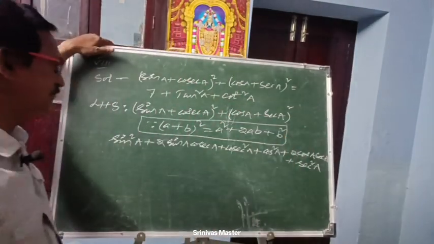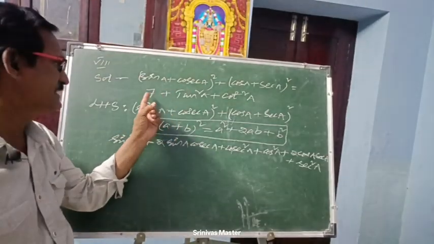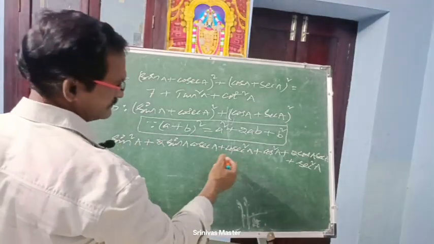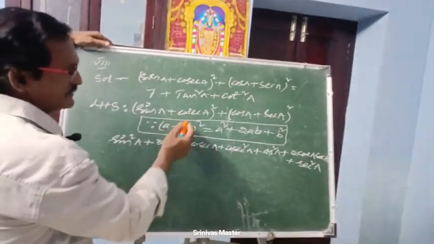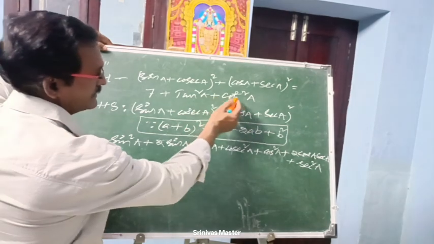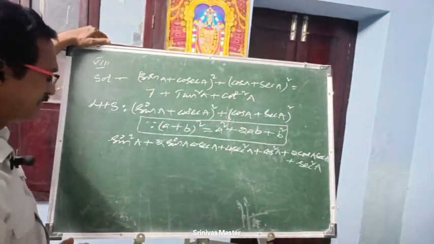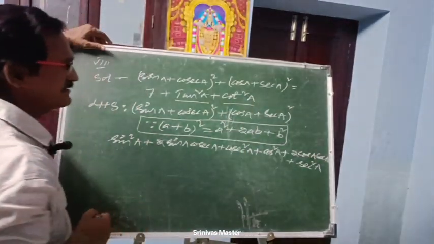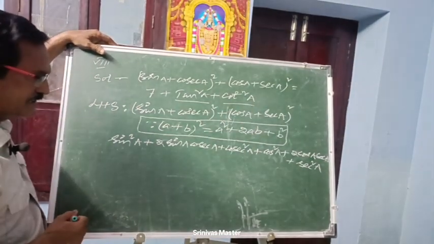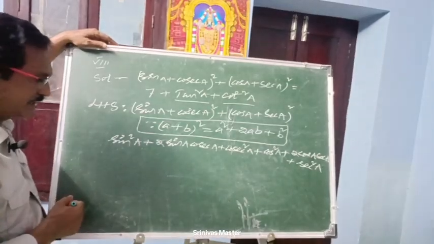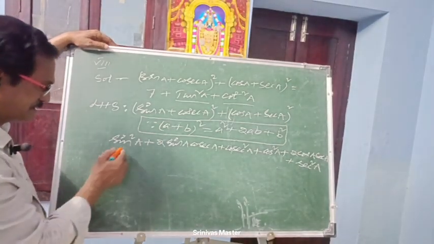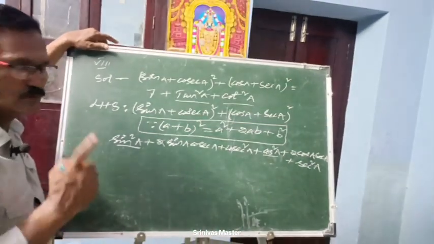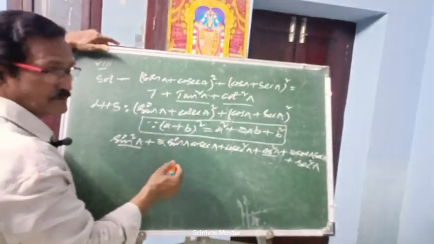See, children, according to the RHS, 7 plus tan square A plus cot square A, when you are simplifying all this, you have to get the result in terms of tan and cot and also a constant. Before that, you know the trigonometrical identity, sin square A plus cos square A equal to 1. Next, the reciprocal property.